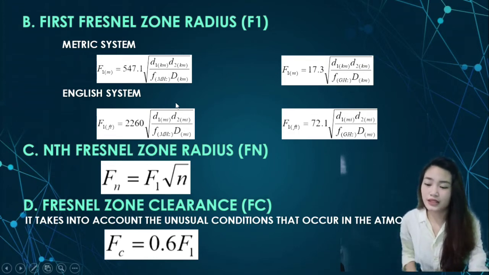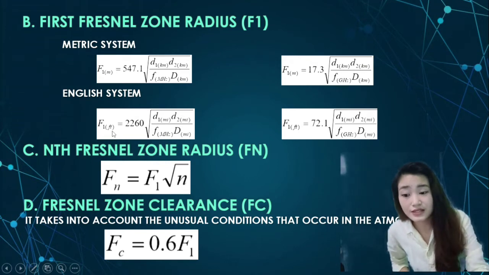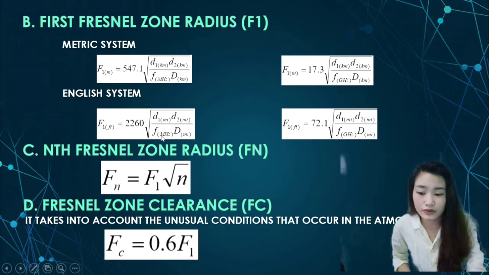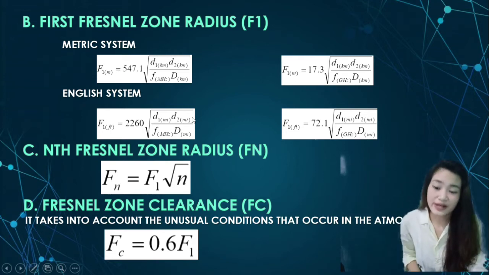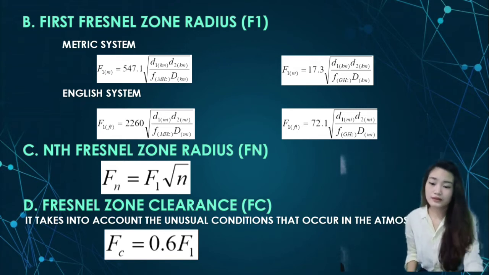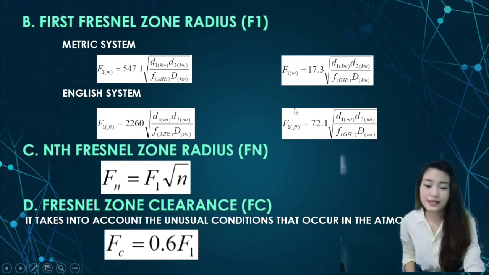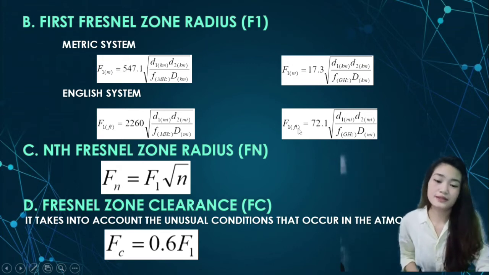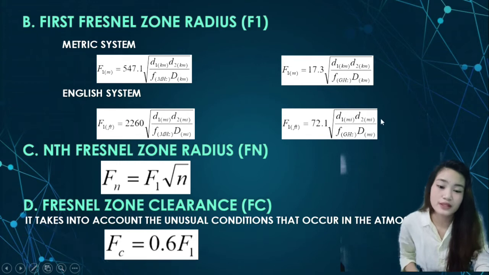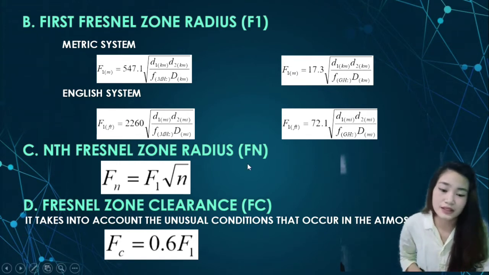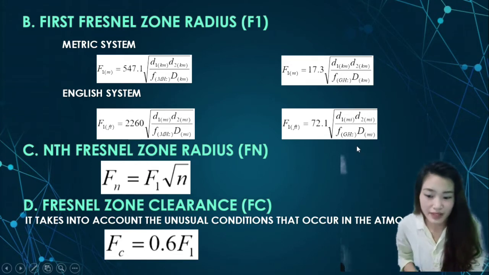In the English system, F1 in feet is equal to 2,260 square root of D1, D2 in miles over F megahertz times D in miles. F1 in feet is also equal to 72.1 square root of D1 times D2 in miles over the frequency in gigahertz times D in miles.